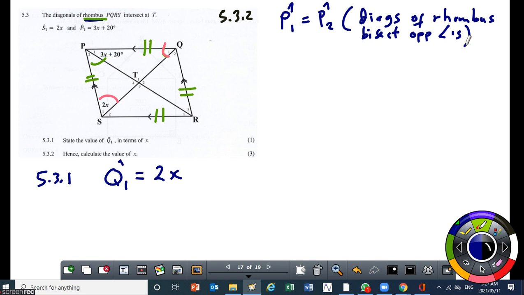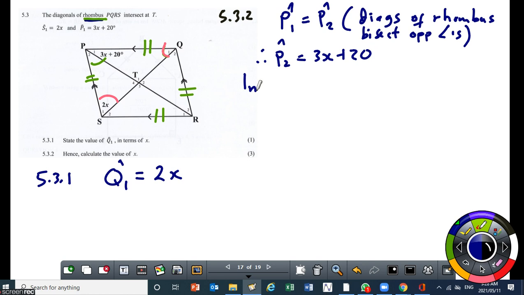Then, P2 is also equal to 3x plus 20. Then I'm going to identify a triangle that I will use to determine the value of x. And my triangle is going to be PQS.